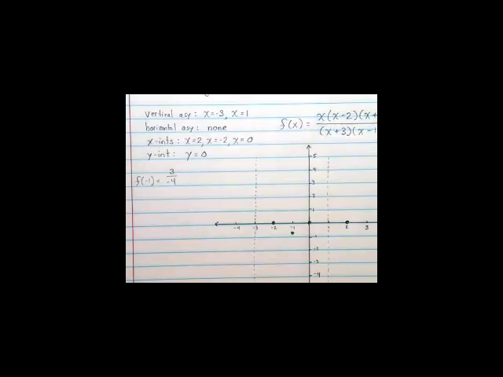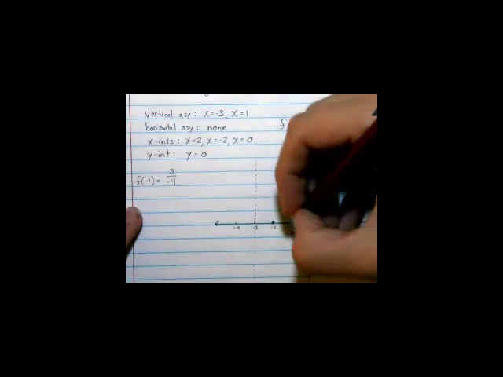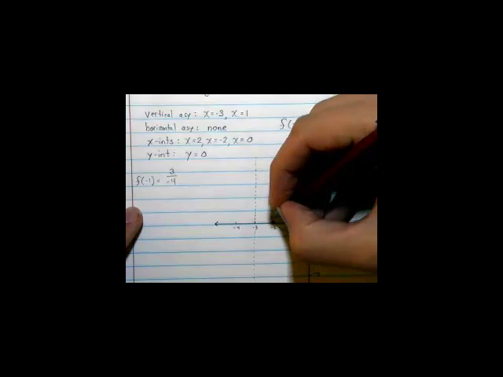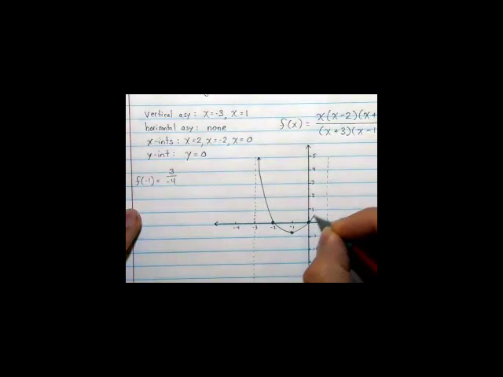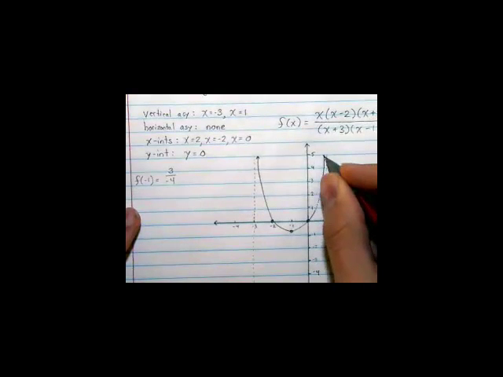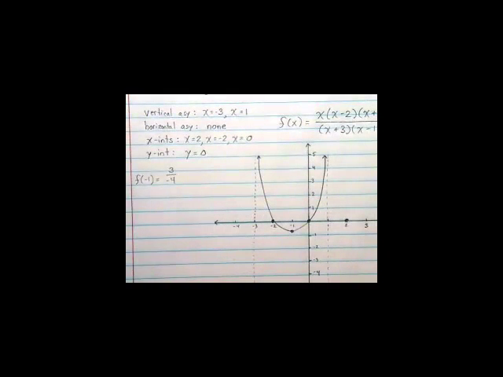Definitely has to open up then, right? Okay. So it's going to look something like that. Okay, it's going to approach those two vertical asymptotes, has to hit all three of those points. We've got the middle piece done.